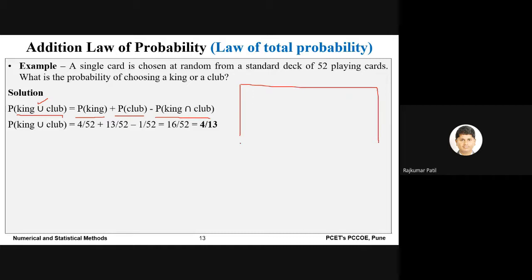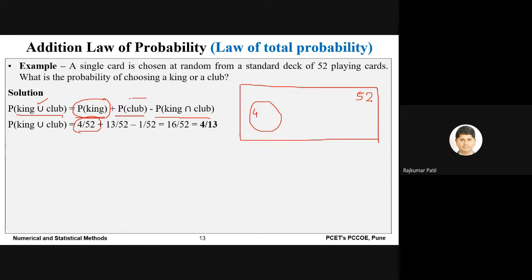This is the total region where there will be 52 cards. Now when I say probability of getting king, it means there is an area where there will be 4 kings. So 4 divided by 52 is the probability of getting king.